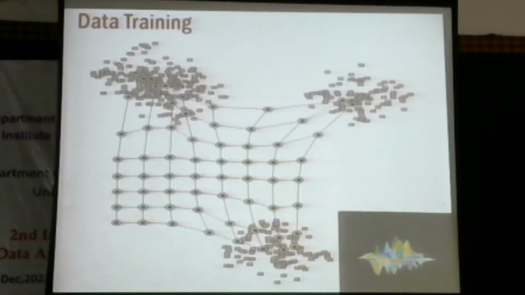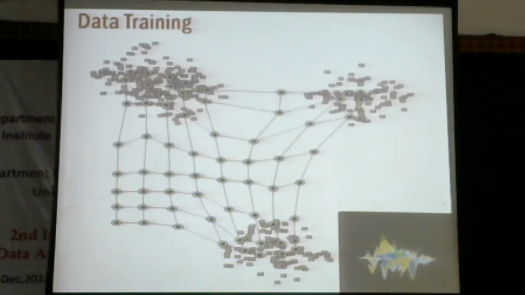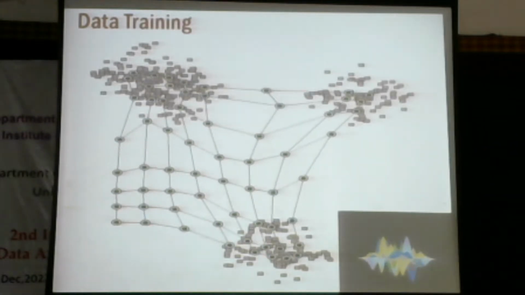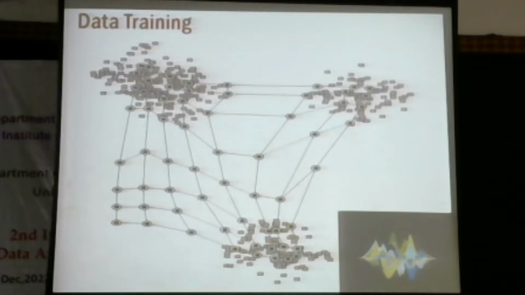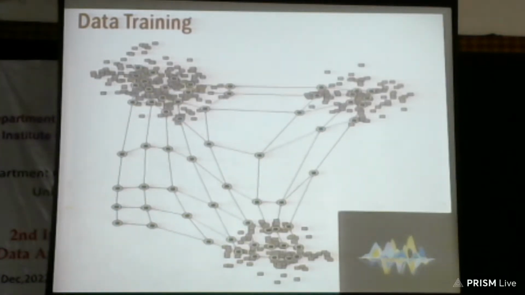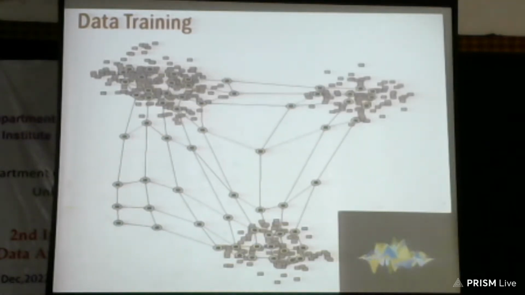Now, data training. What you have is sometimes you create a distribution and you see how the data gets concentrated into clustering, and we try to train the data so that I can sort of decipher the different data.